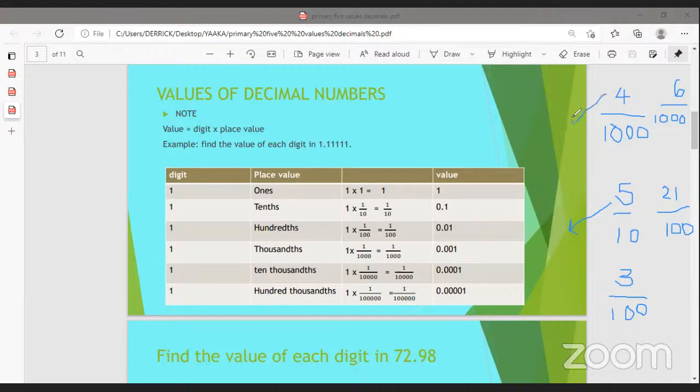Which answer have you got? 0.004. Okay, let me write it here. 0.004. Okay. Teacher, I'm done. You're done? Okay, what was your number, Edwin? 3 out of 100. What have you got? 0.3.